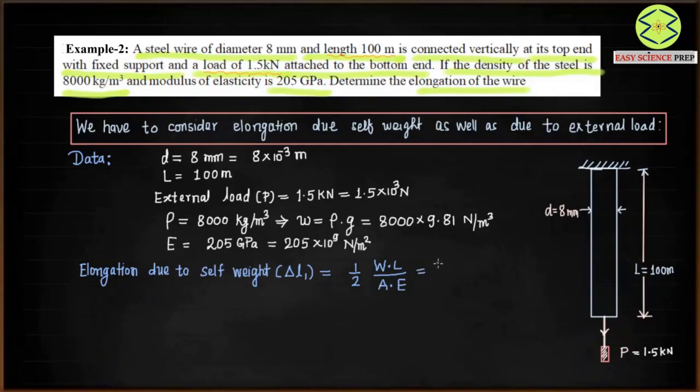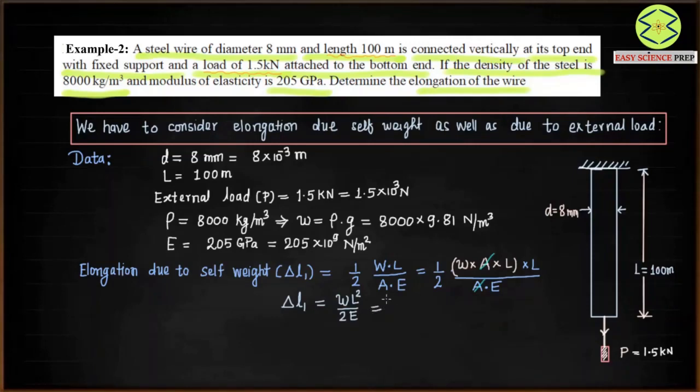It can be further simplified: overall weight is weight density into volume, and volume is area of cross section times overall length, then times overall length divided by area times E. You can see that this A and this A get cancelled out, so you get a simplified expression of delta L1, the elongation due to self weight. You can remember this directly: it is w L square divided by 2E.